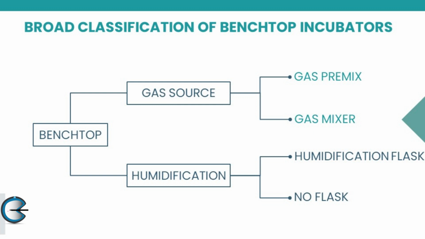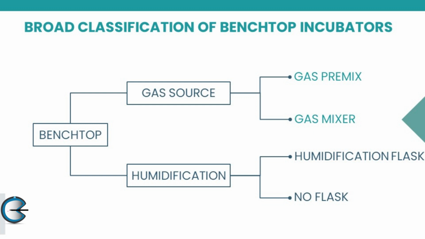In the gas premix, you would have one input source to the benchtop incubator, where this source is usually a pre-mixed gas delivered to you with the required concentration of oxygen and CO2. And by a gas mixer, what we mean is that you have different individual gases supplied to the benchtop incubator, which has its own gas mixer to mix the gas in the required percentage concentration.